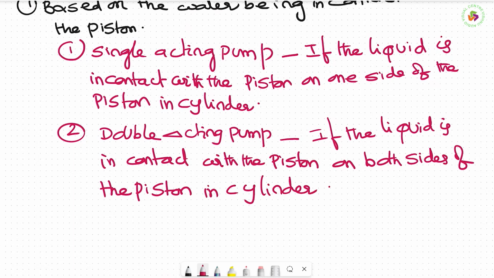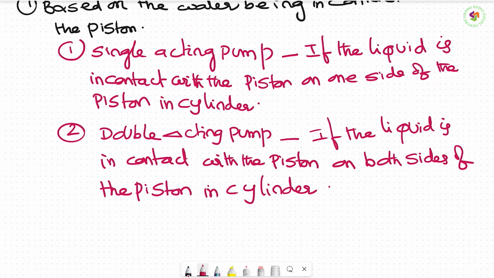If the water is in contact on both sides of the piston inside the cylinder, on the left side and on the right side of the piston, then we call it a double acting pump. Generally, the double acting pump is being used to increase the discharge.